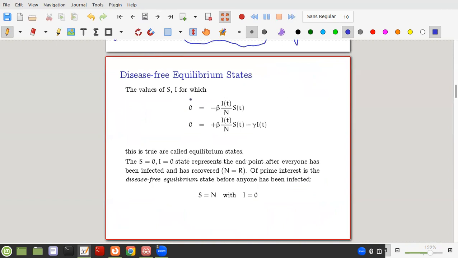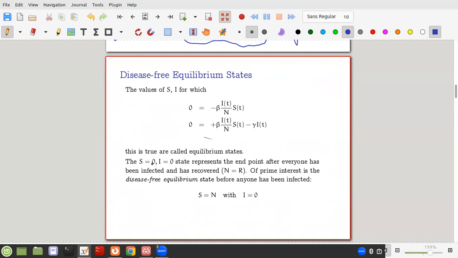So here are these equations, the disease-free equilibrium states. This is just the copied equation. So if I can find S and I and R, these are equilibrium states. Now, if you have S equals 0 and I equals 0, this represents the endpoint after everyone has been infected and has recovered.